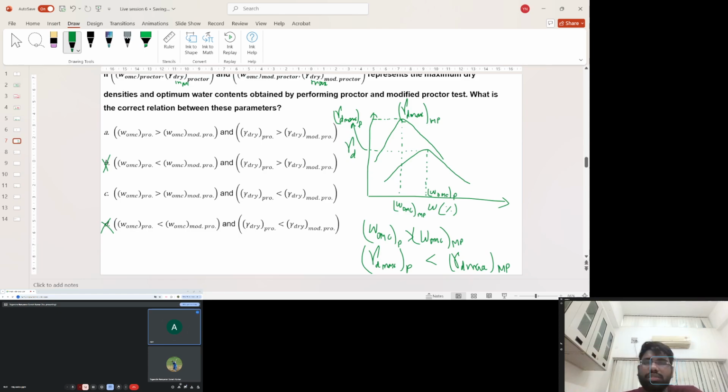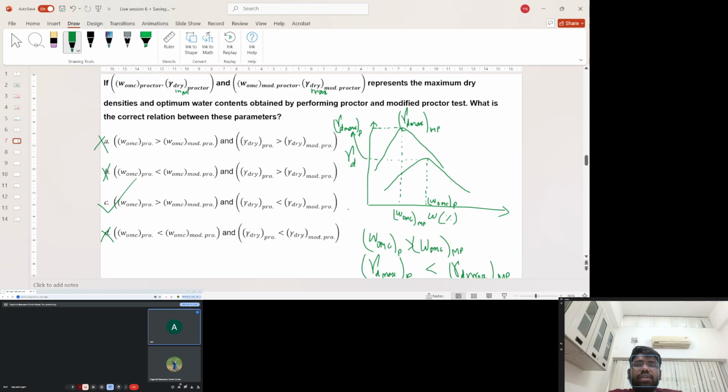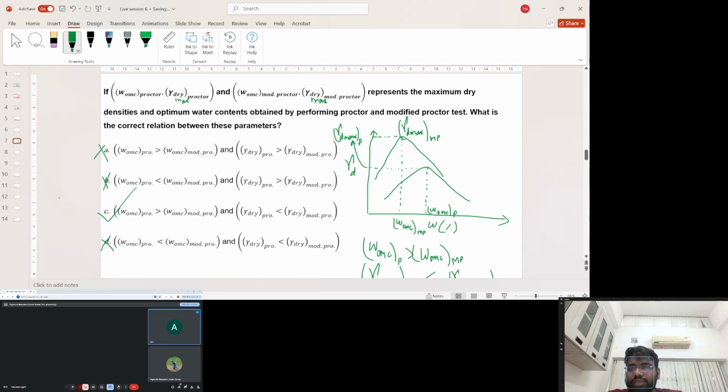So in this case, gamma dry of Proctor greater than is not the option. This is the right option, provided both the soils are the same. If the soils are different, then their characteristics also will be different.